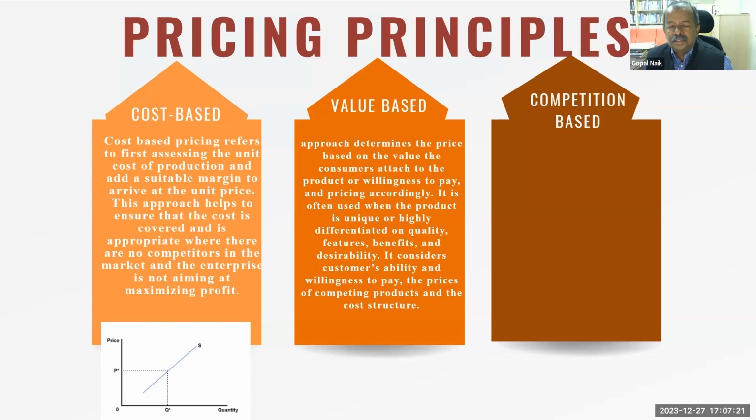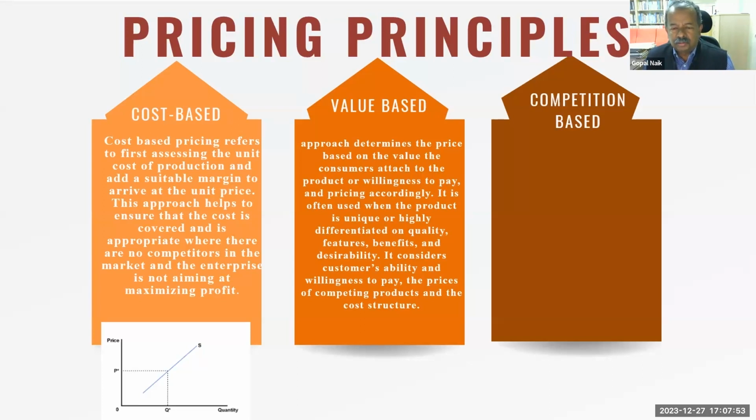And it considers the customer's ability and willingness to pay, and the prices of competing products and cost structures are also kept in mind. So you can think of something like bottled water. The bottled water actually costs very little to produce, maybe 2 rupees, 3 rupees, and so on. But it's actually priced quite high because there is a demand for it.